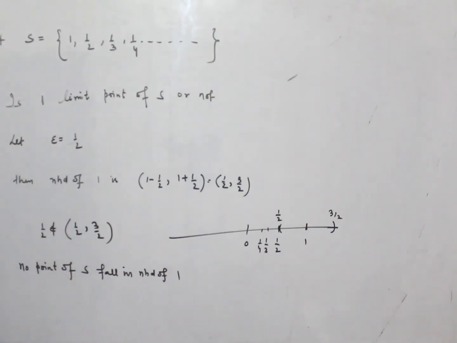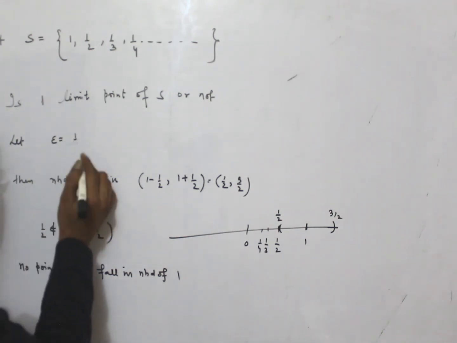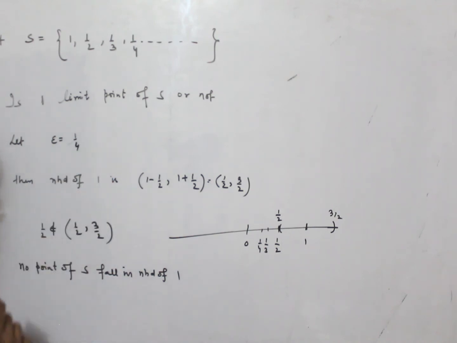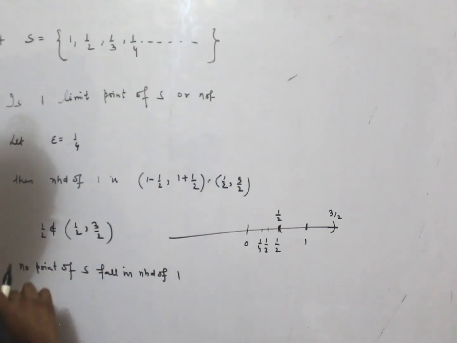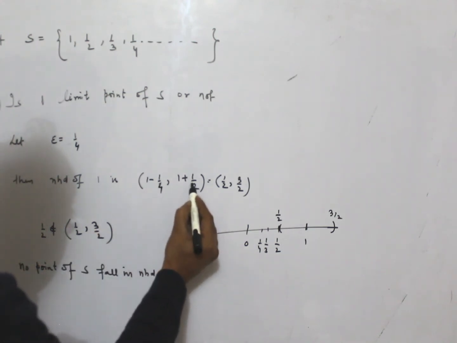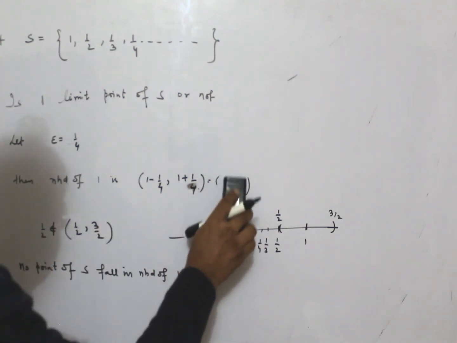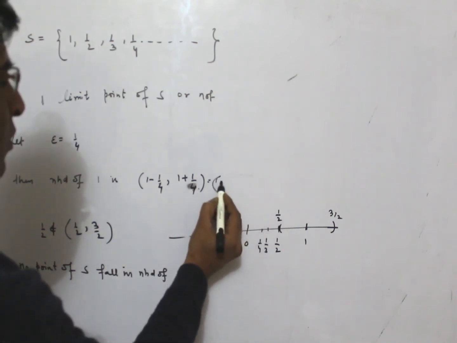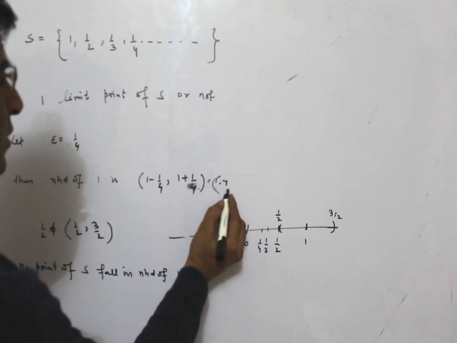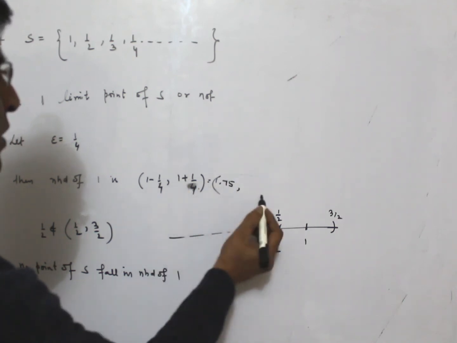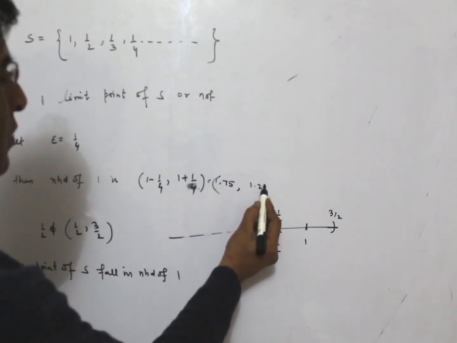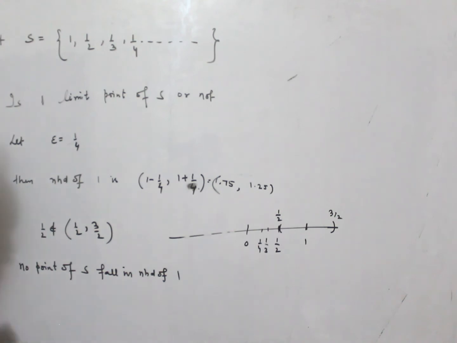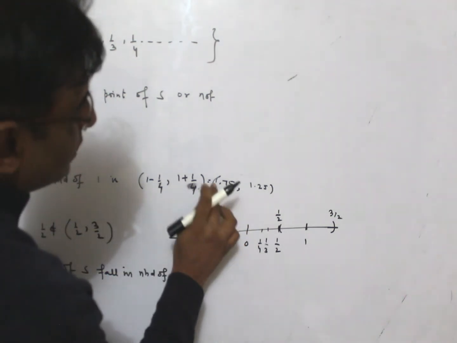If I take epsilon as 1 by 4, then the neighborhood becomes 1 by 4 on each side, and this becomes 0.75 and this becomes 1.25.